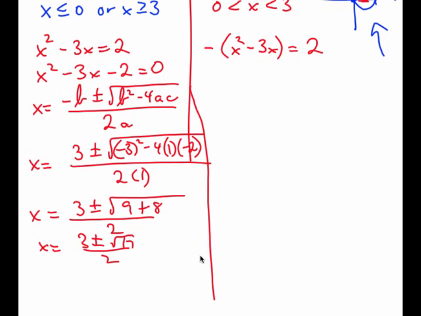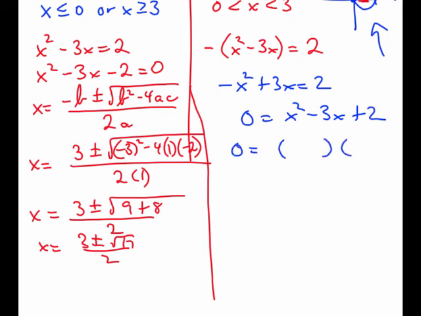But we did look at the solution graphically originally, and we saw 4 solutions. So let's see what happens over here. Distribute the negative. And so 0 equals x squared minus 3x plus 2. Looks like we're spared another quadratic formula because this factors.